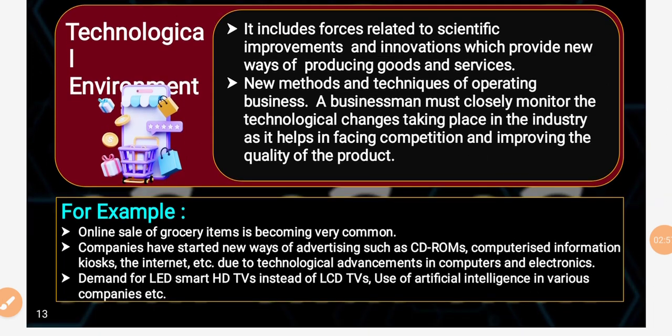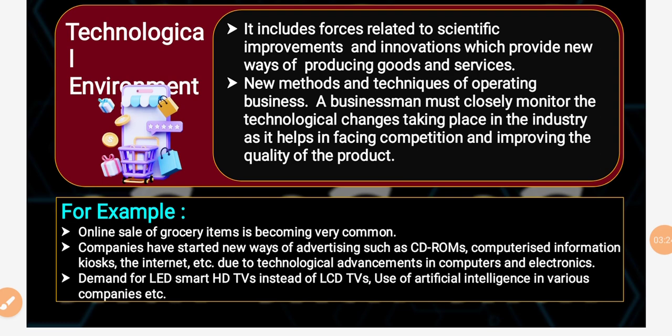Now next one is our technological dimension or technological environment. Very simple. Whenever there is a change or advancement in technology, business has to change itself according to the changing technology. If they do not change, or they are using obsolete technology, then they may suffer huge losses.